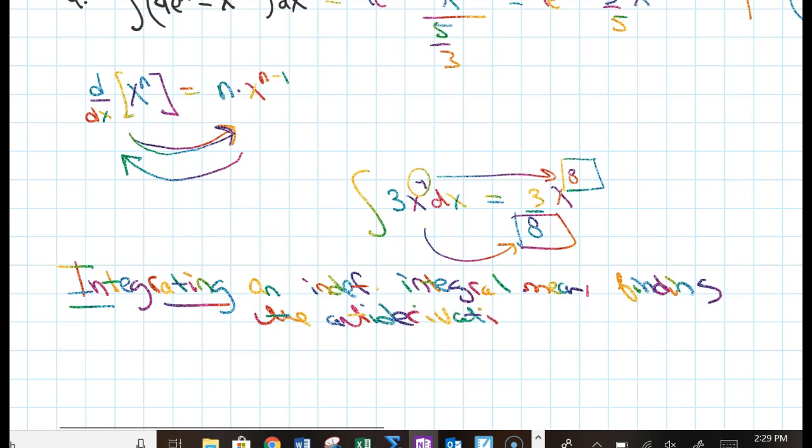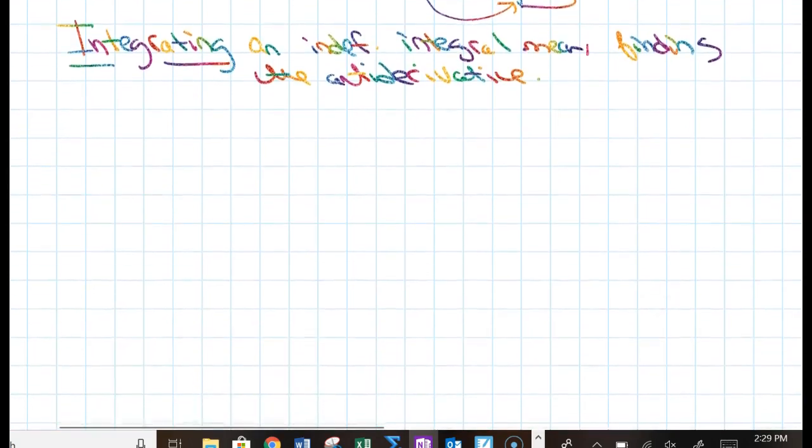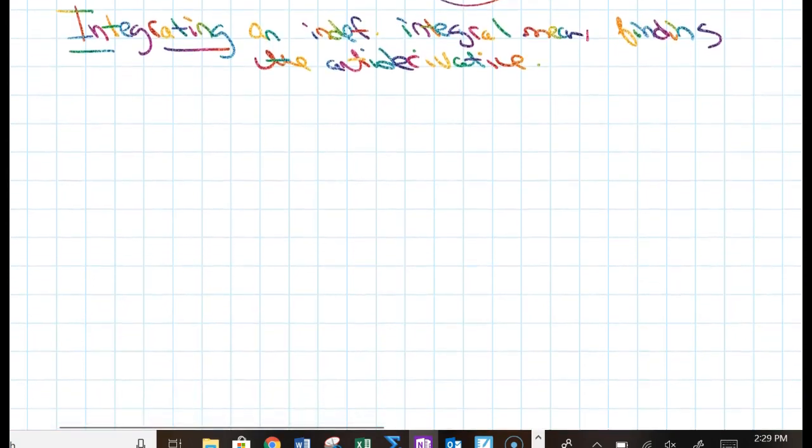Yes, I know, the rainbow pen is pretty fantastic. I have to agree. Okay, so here's what we're going to do. Let's go with this theme of recognizing derivative rules in reverse. And here is your homework for tonight. I'd like you to take a look at page 330.